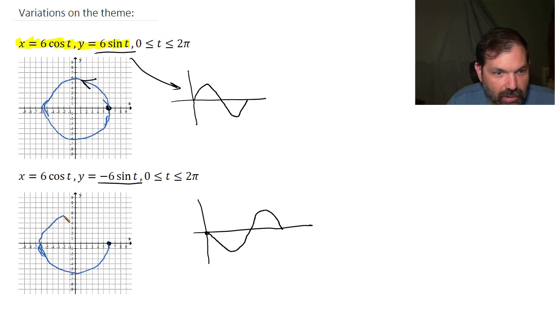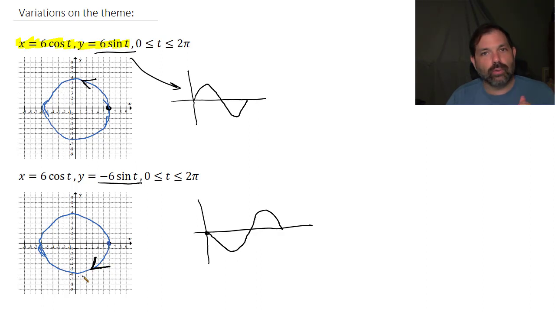Tough to do this on the tablet I'm using. So here's the curve. X equals 6 cosine t, y equals negative 6 sine t over 0 to 2 pi. And it looks the same. The shape is the same. The difference is the rotation, the direction that it's traced. So I have to put in an arrow showing the direction that it's traced.